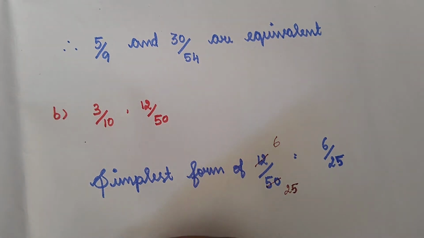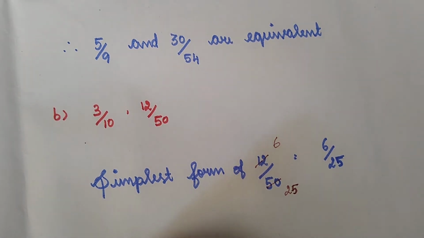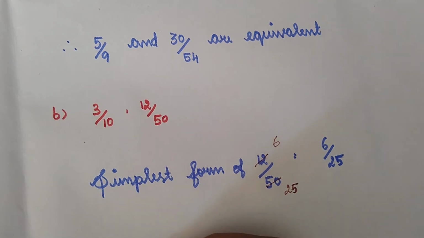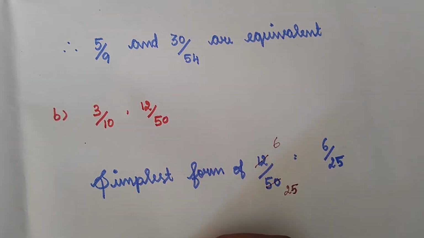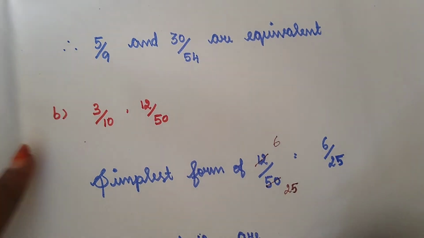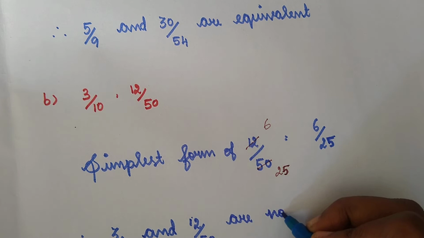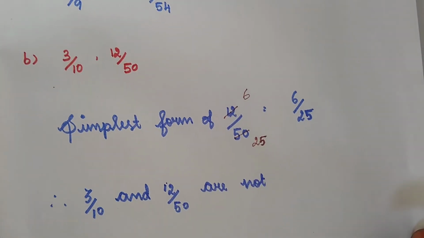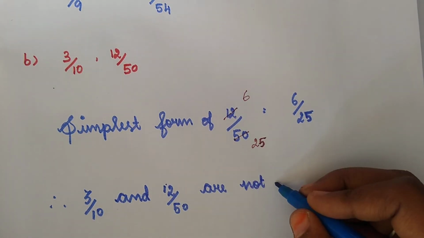So this is not an equivalent fraction. So we can write 3 by 10 and 12 by 50 are not equivalent fractions.